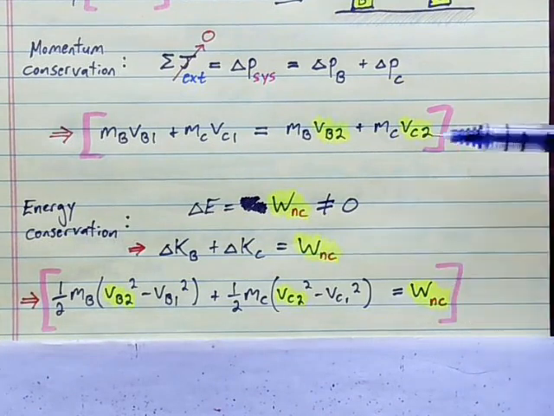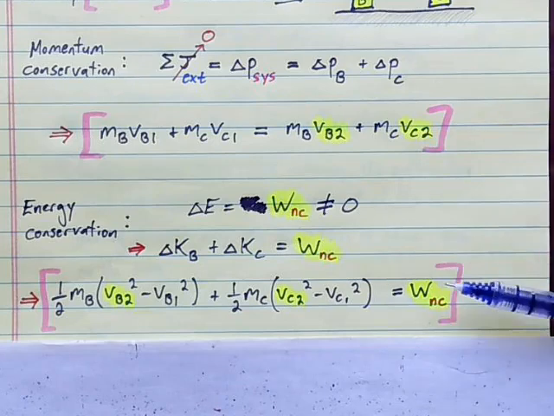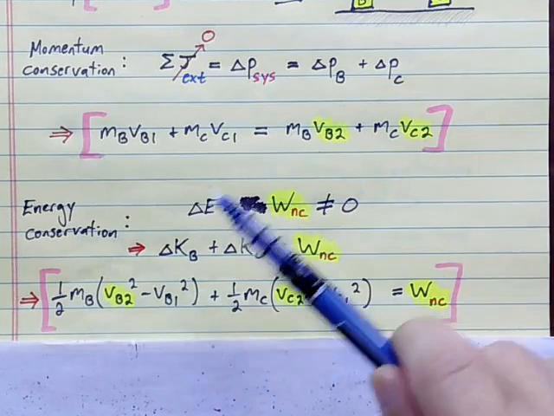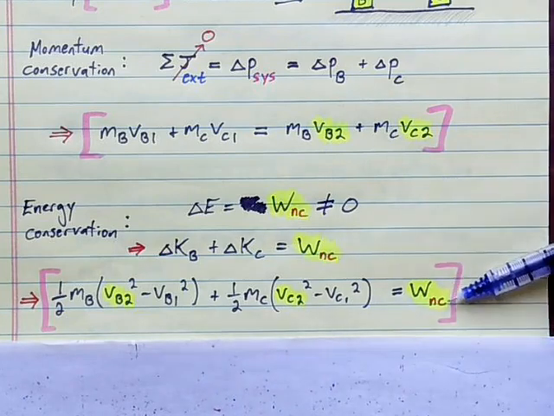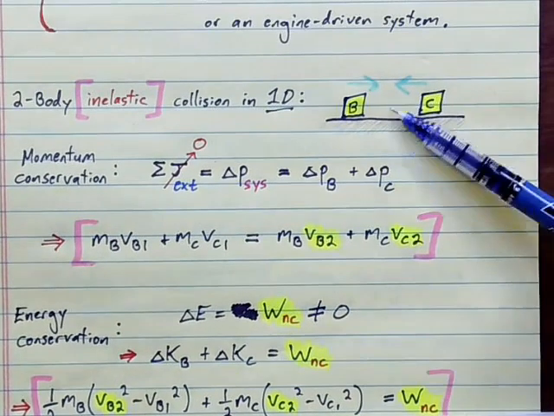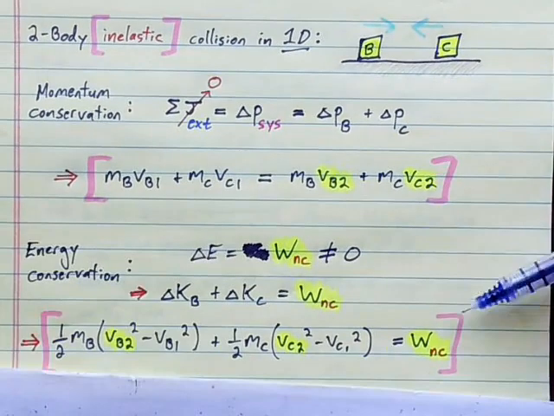And now we've got two equations, but we have three unknowns: the final velocity of B, the final velocity of C, but also, in general, the work that is done by the non-conservative forces during the collision is not known to us beforehand. This is not easy to predict.